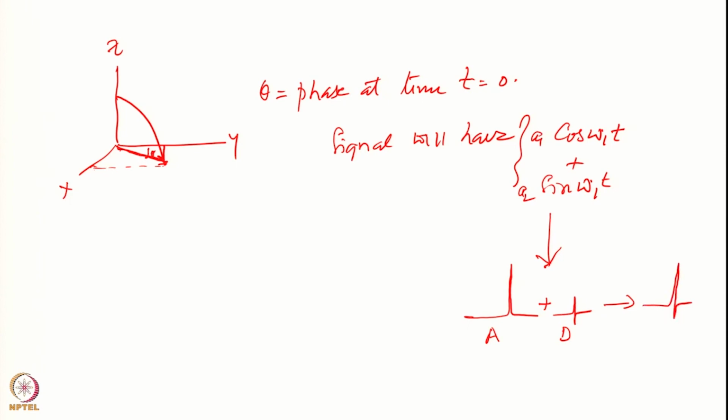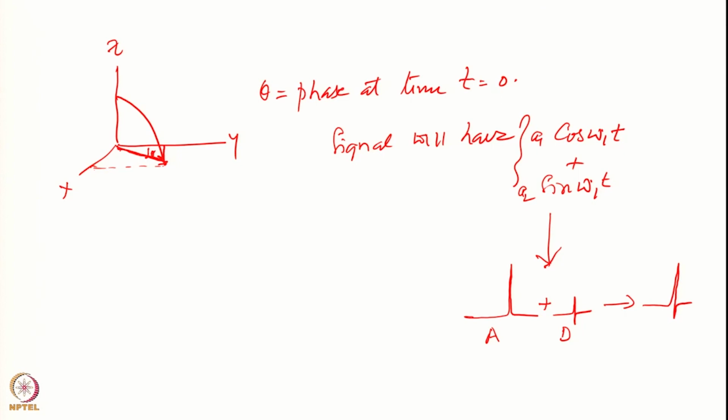So, this is because of the error in the initial pulse application. The pulse is not applied exactly along the x axis, but slightly deviated from the x axis. So, RF phase is not exactly 0, but slightly away, and that is the theta. Therefore, when the 90-degree rotation happens, it does not come exactly along the y axis, but somewhere in the xy plane, and if the angle is theta, there is a certain mixture of these 2 things.